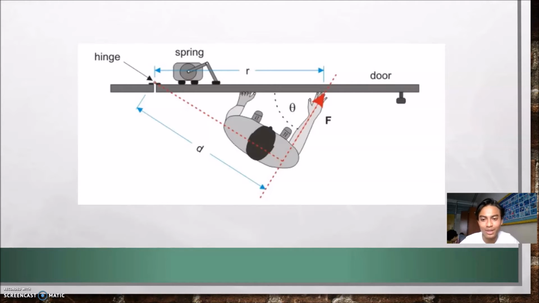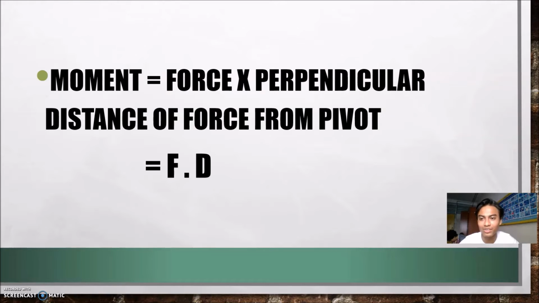Therefore, the moment is defined as moment equals force times perpendicular distance of force from pivot.